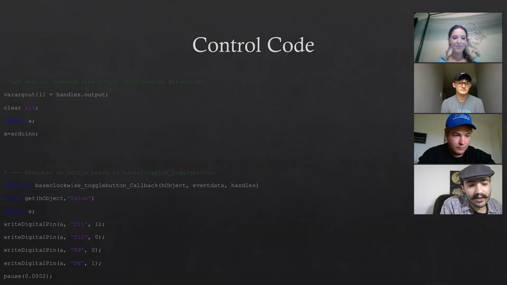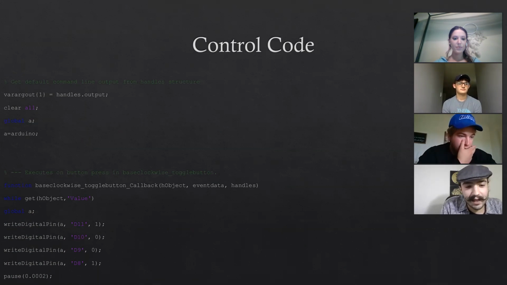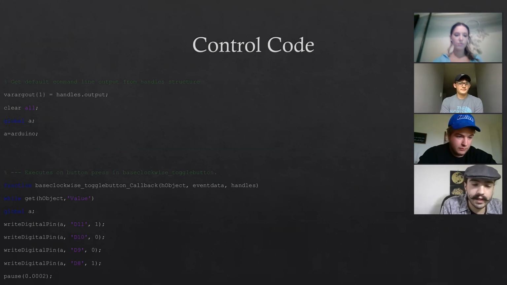Right, so here we start off with the base clockwise toggle button. That's where the first code is, for the first toggle button, which regards the base rotation in a clockwise direction.